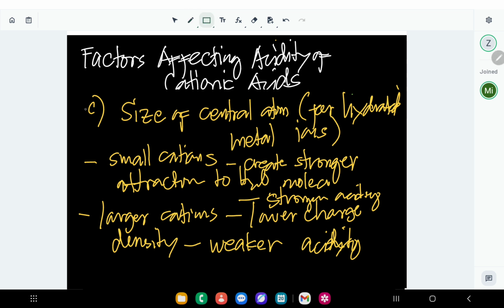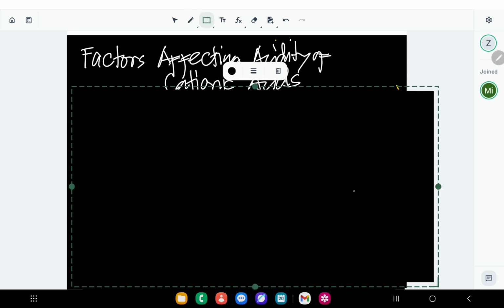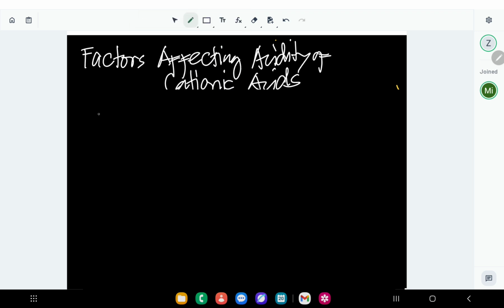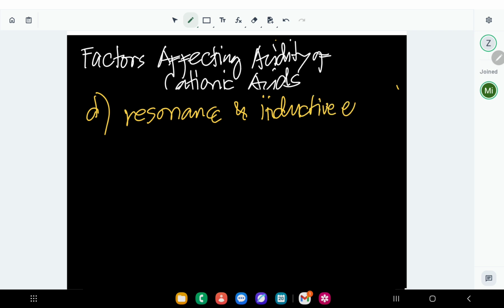And then the next factor is resonance and inductive effects. This is for organic cations.